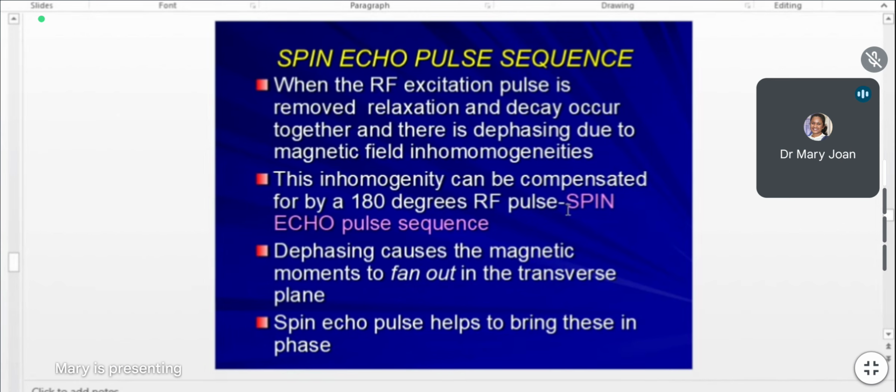This inhomogeneity can be compensated for by a 180 degrees RF pulse or spin echo pulse sequence. Dephasing causes the magnetic moments to fan out in the transverse plane, and spin echo pulses help to bring these in phase.